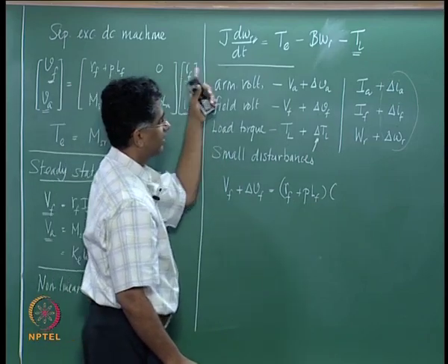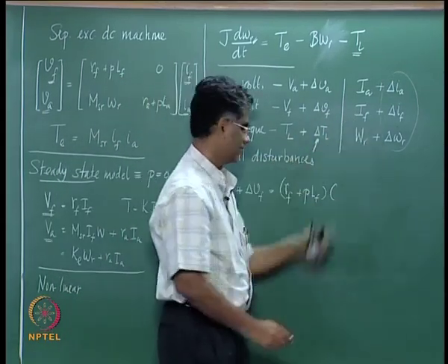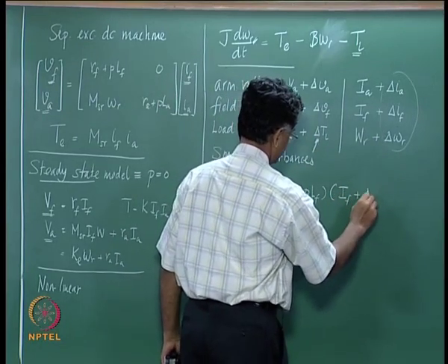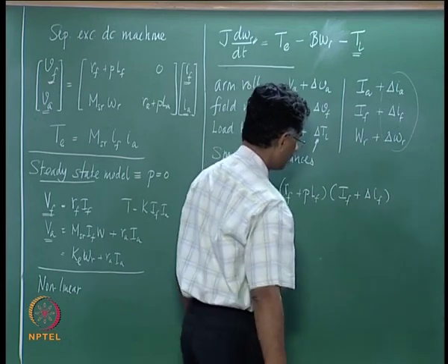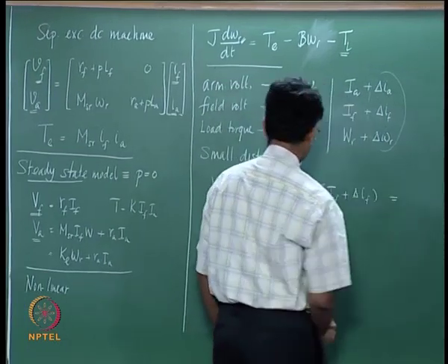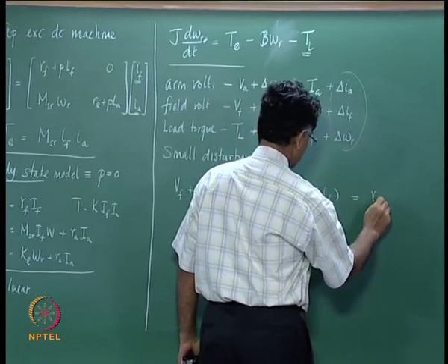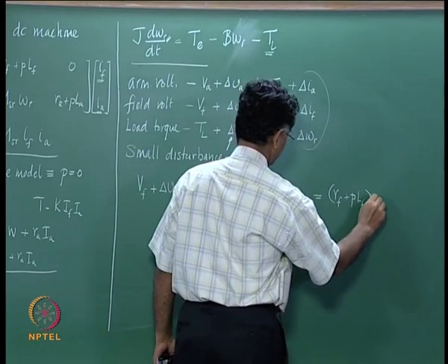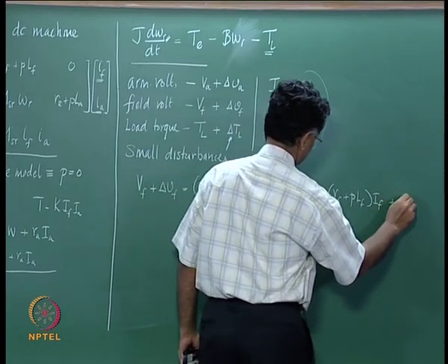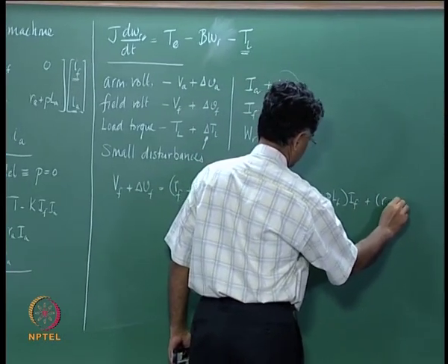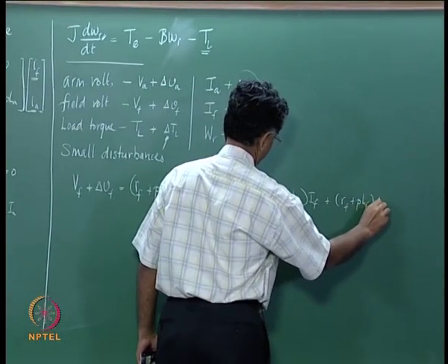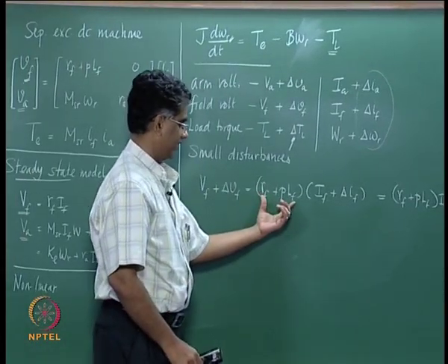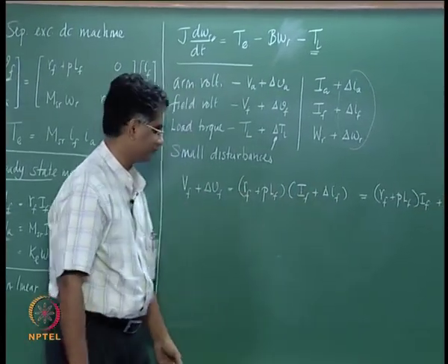This If is now the steady state plus the disturbance response, so this is If plus delta If. This can be expanded to Rf plus P times Lf into If plus Rf plus P times Lf into delta If. So, I have basically expanded this into two terms.